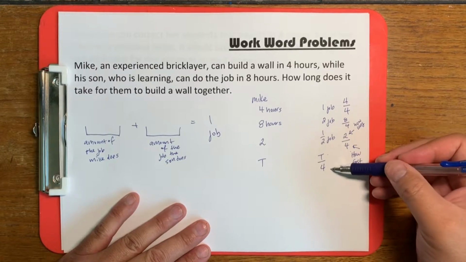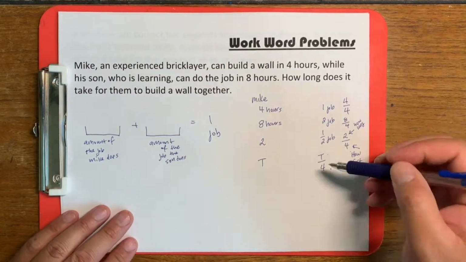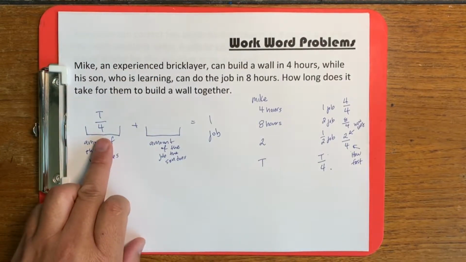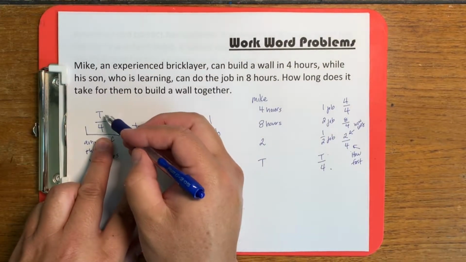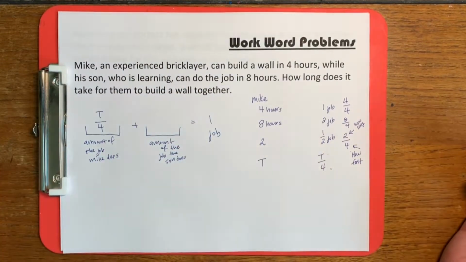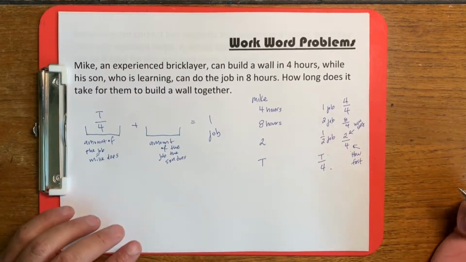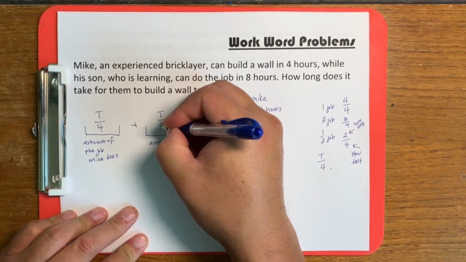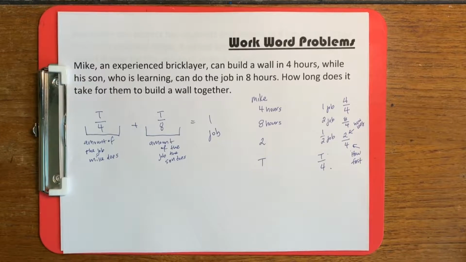How long did he work? How fast did he work? So Mike does T divided by 4 amount of the work. You tell me how many hours he worked, and then if we divide by 4, that'll tell you what fraction of the wall he built. Now the son is slower, so it's going to be T over 8.